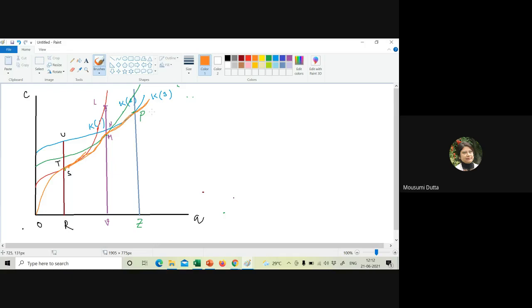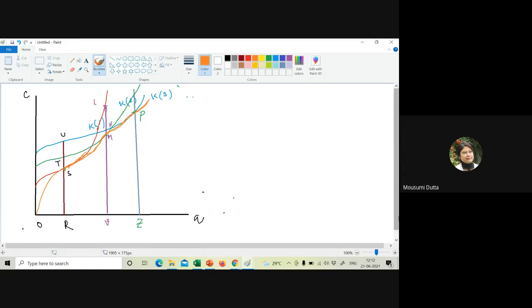Since every short run total cost curve has a point of tangency with the long run total cost curve, therefore, the long run total cost curve is enveloping all the short run total cost curves. So the long run total cost curve can be treated as an envelope curve.